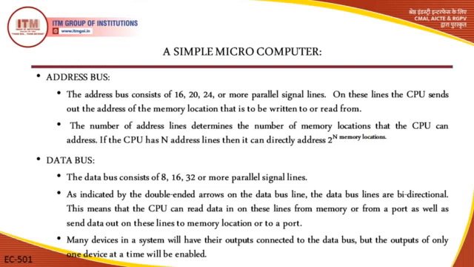The buses are simply multiple parallel wires which carry specific signals. First of all, the address bus. The address bus consists of 16, 20, 24 or more parallel signal lines. On these lines, the CPU sends the addresses of the memory location that is to be written or read.